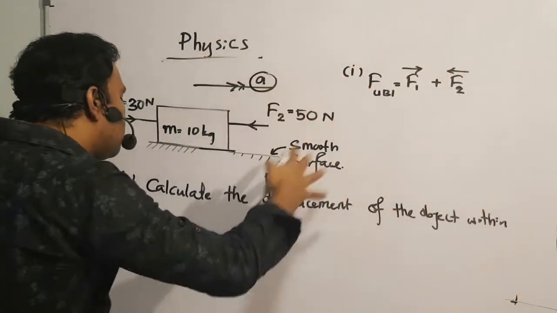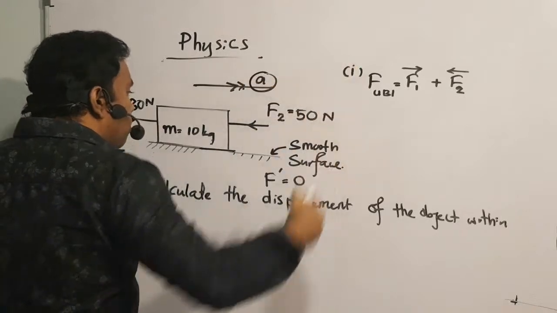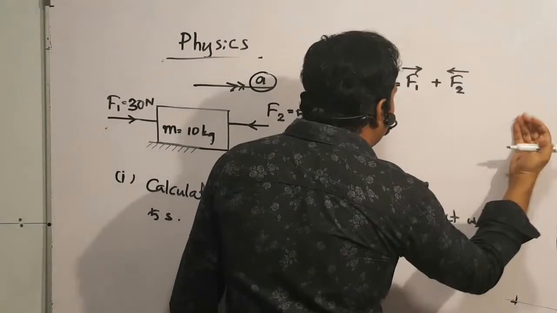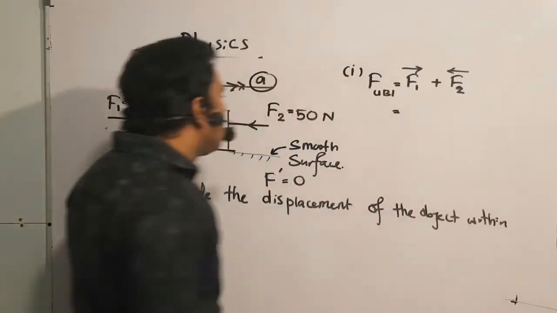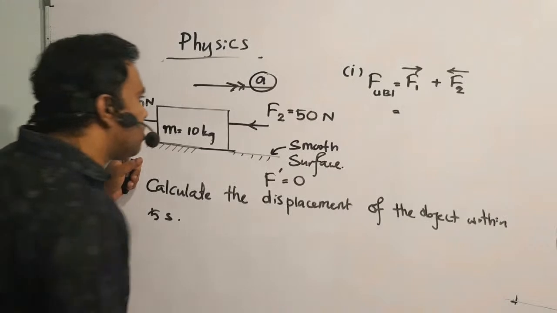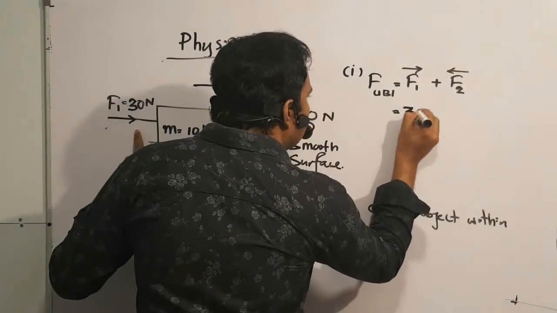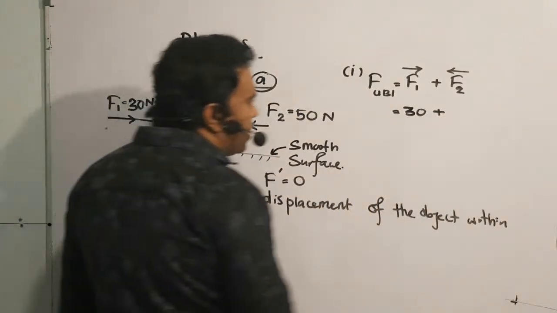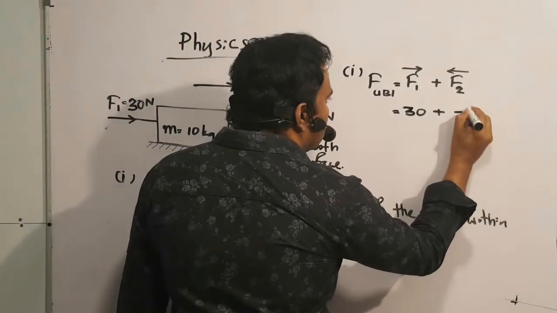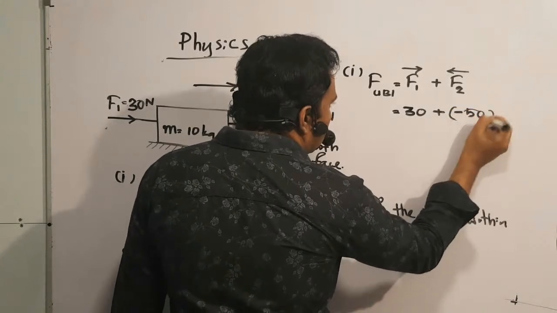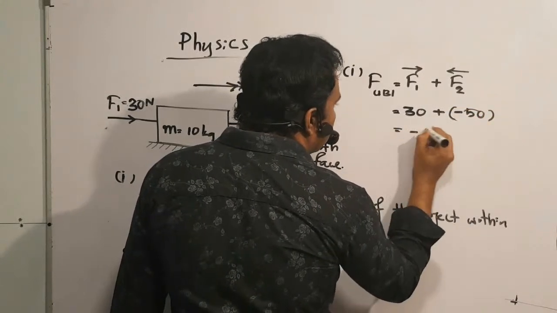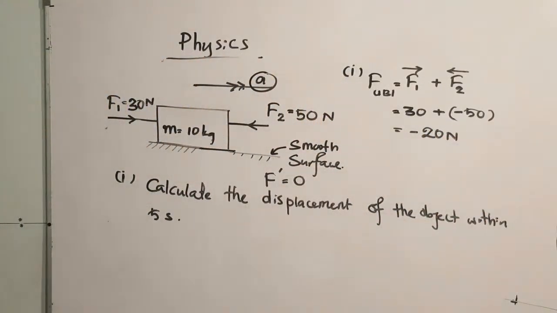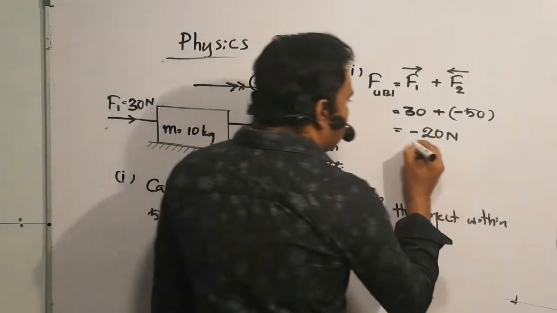If there are several forces, the same procedure is applied. F1 is in the positive direction, so that's 30 newtons, plus F2 is 50, to the negative, so that's minus 50. So your answer is minus 20 newtons of external unbalanced force. That's the first thing you have to do.